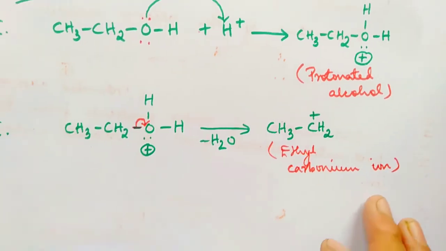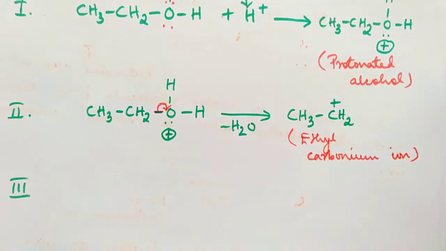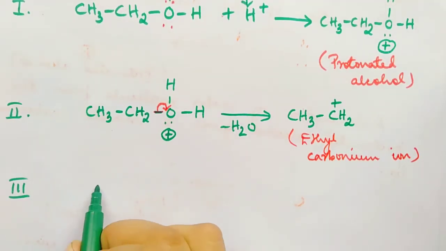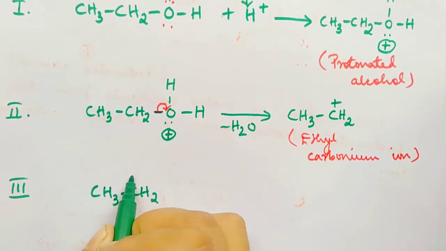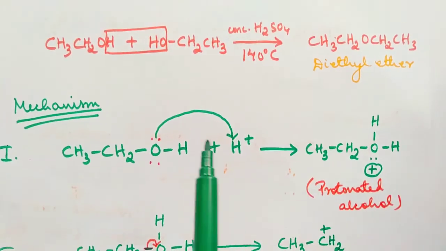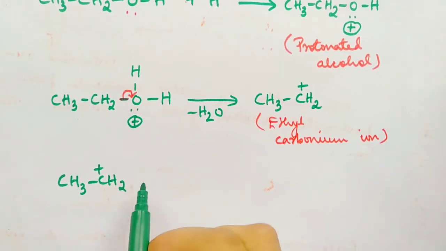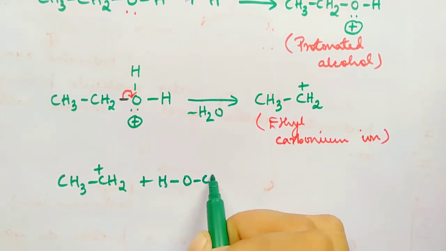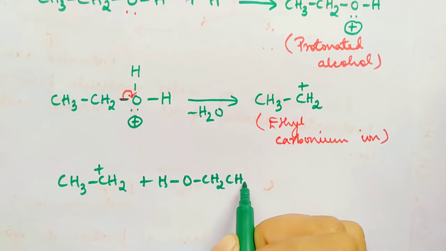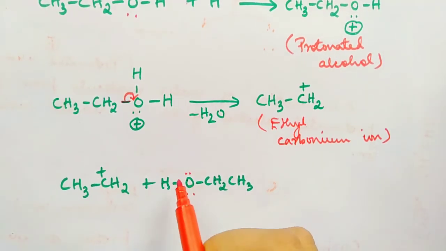Next we come to the third step. The carbonium ion attacks another molecule of what? Of ethyl alcohol. So here we have ethyl alcohol, with two lone pairs of electrons.